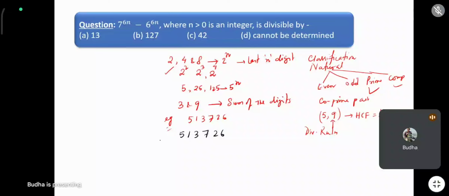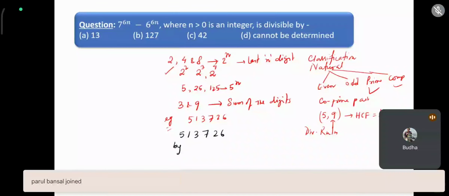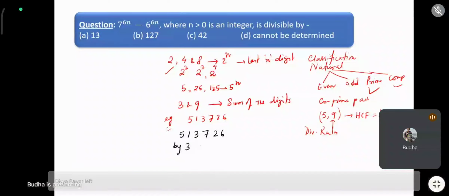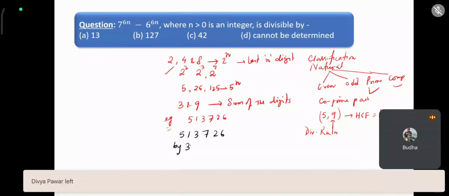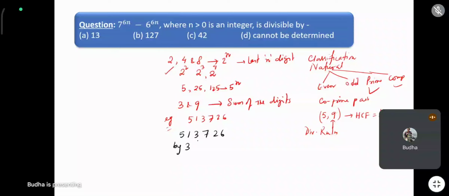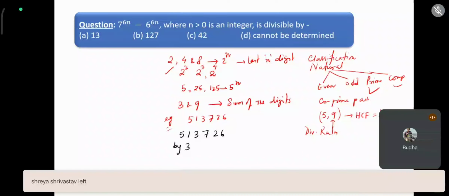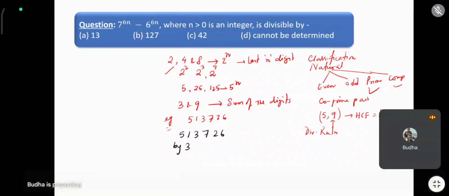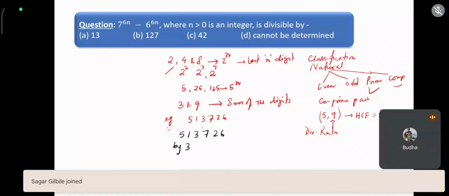Simply, if I want to check the divisibility by 3, what I'll do is I will simply strike off the digits which are divisible by 3 or 6 or 9. Say for example, for 3, I'll simply strike off 3 and 6, because these digits are divisible by 3.